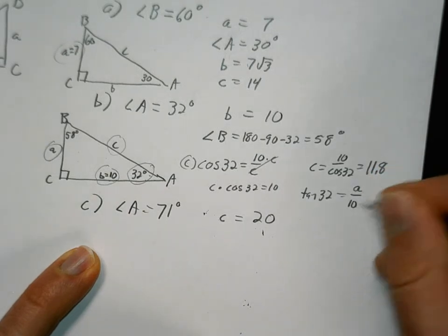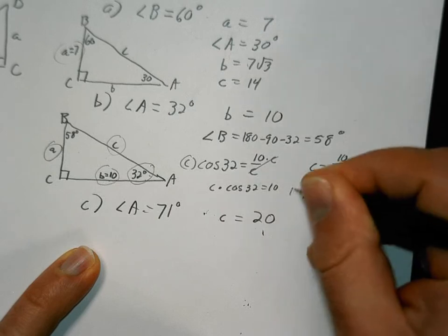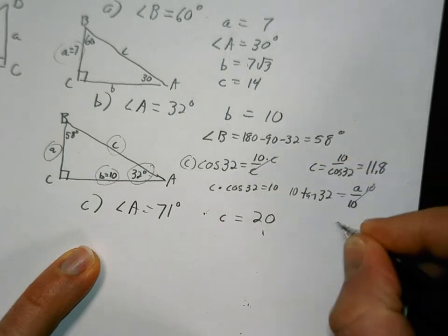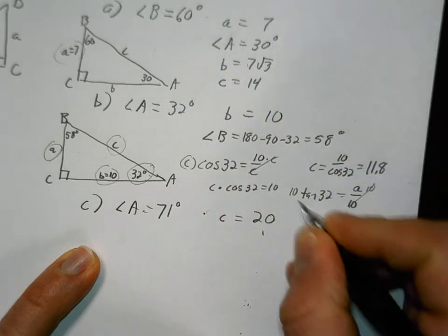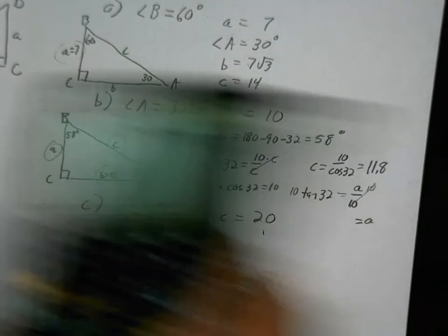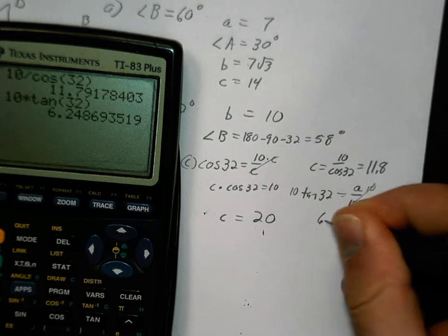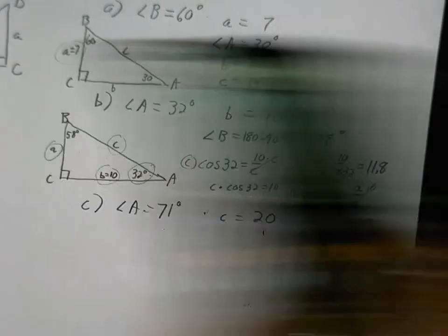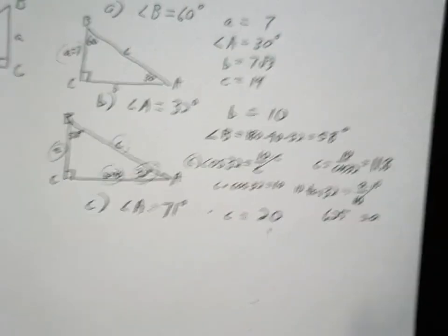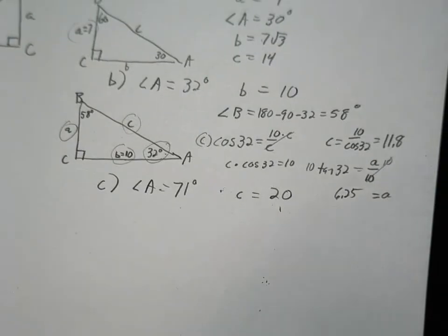So this one's easier because I can multiply both sides by 10. Those will cancel. So A is going to equal 10 times the tangent of 32. So 10 times tangent 32. Enter. 6.25. And that's that one.